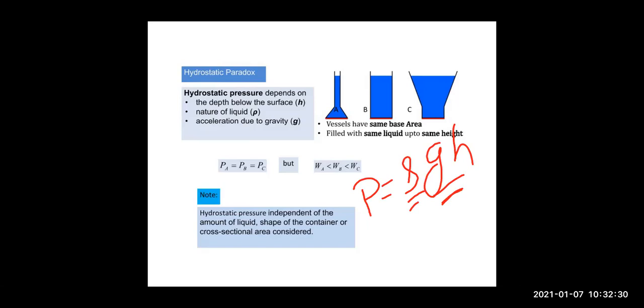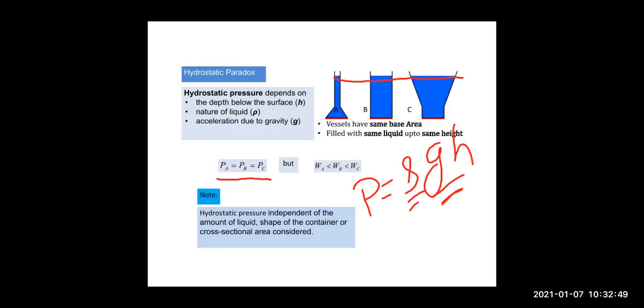And the height of the liquid in all three containers is the same. So the pressure in A, B, and C will be equal, right? Their pressures will be equal.